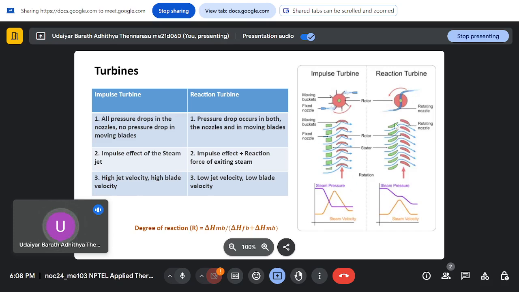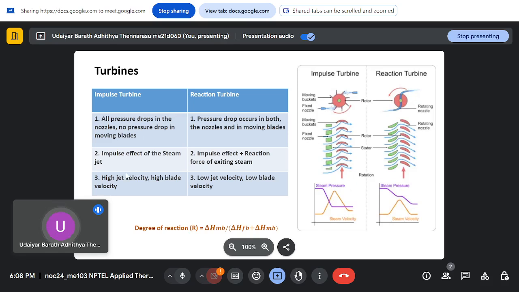So impulse force is because of the velocity gain in the fixed nozzle, and in the moving blade it is because of the reaction force which is generated out of the velocity with which the fluid is coming out. So that is creating an opposite reaction force which is driving the turbine. So both play a role in creating work.